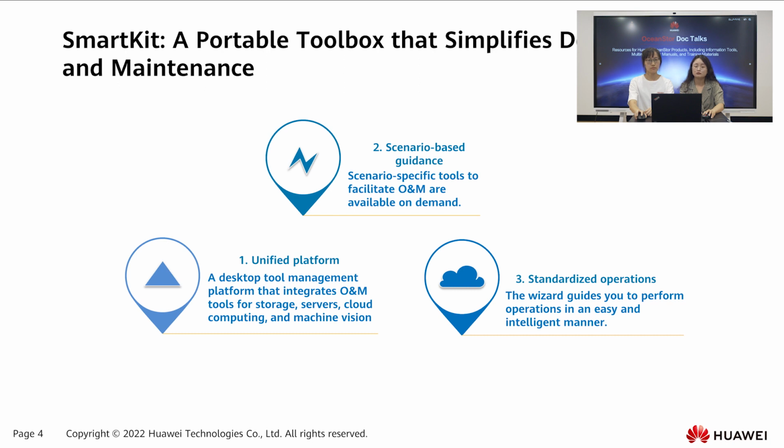Second, it provides tailored guidance based on the summary of O&M scenarios, including 7 scenarios such as deployment, delivery, and routine maintenance. Third, it supports standardized operations and visualization-based operations, reducing differences in O&M operations of engineers and implementing standardized product O&M.